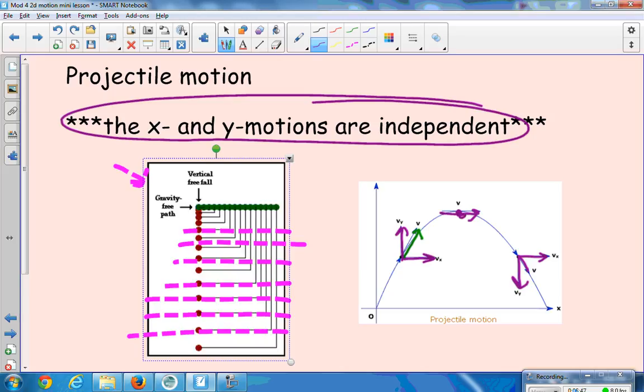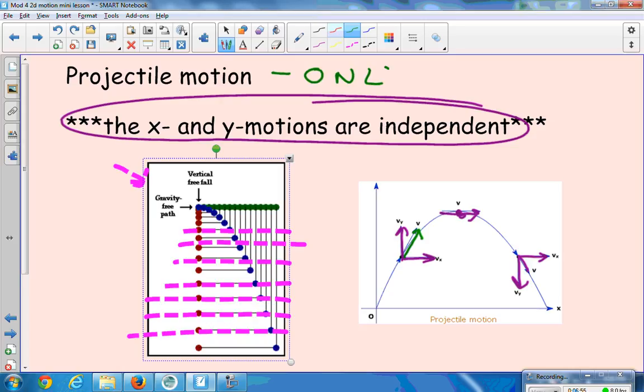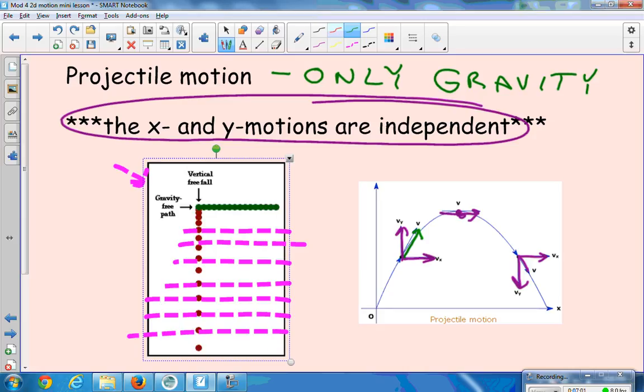Quick question. What force is actually on it? Only gravity. Which way does gravity pull? Down. In fact, that's what down means. So if I'm going to use green for gravity, where is it pulling?